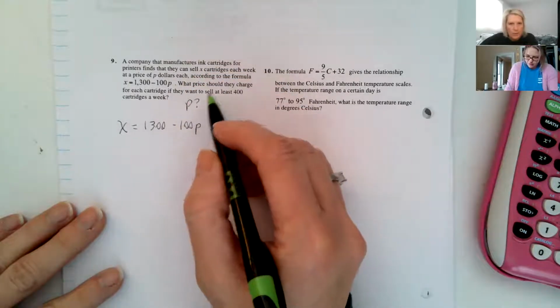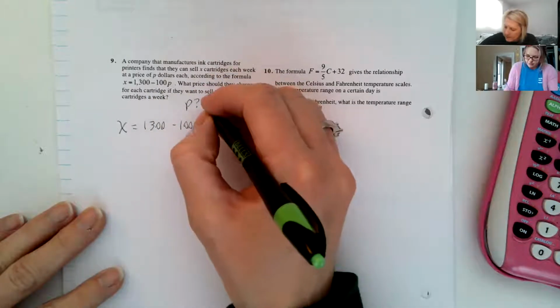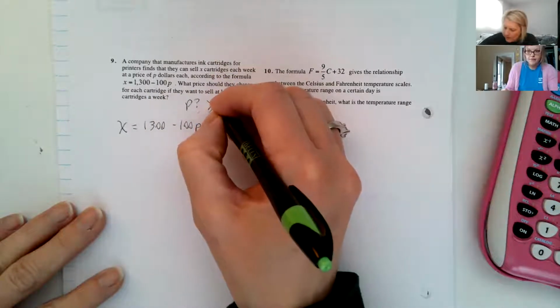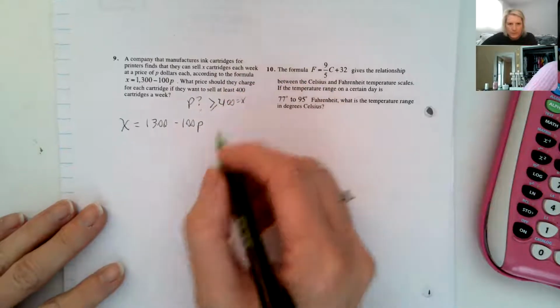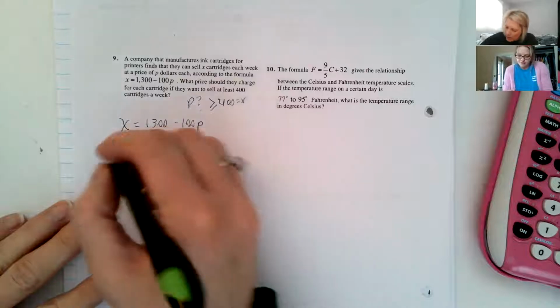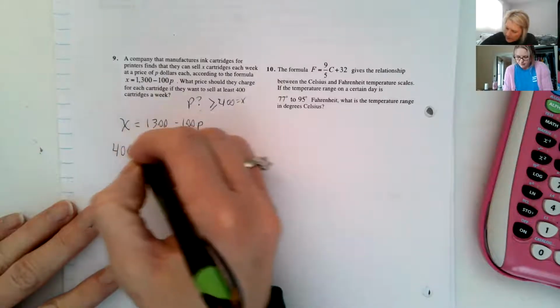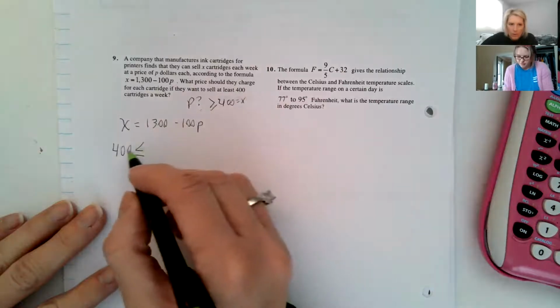What should they charge for each cartridge if they want to sell at least... greater than or equal to 400 is the X. Okay, so X is going to be 400 and they want 400 or more.